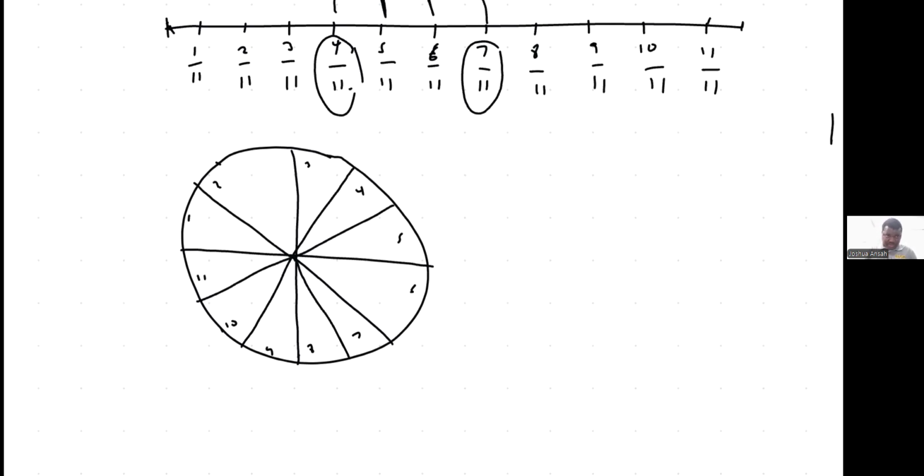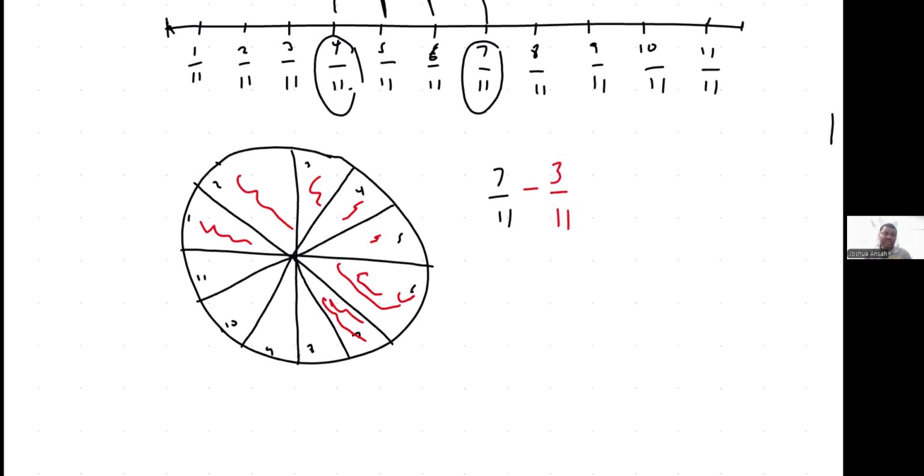And then how many parts are we taking? 7 out of 11. So what is 7 out of 11? It means picking 1, 2, 3, 4, 5, 6, 7. And then I'm taking away 3 out of 11.